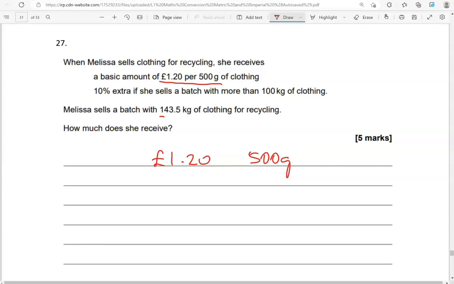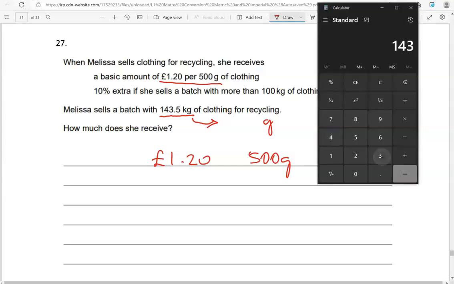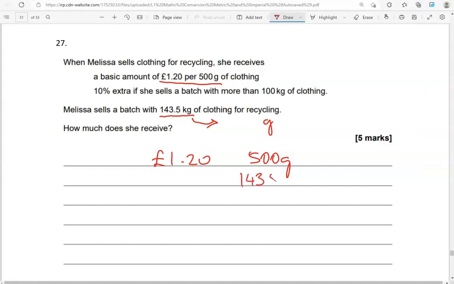What about 143.5 kilograms? But first we need to convert that into grams. We know that in 1 kilogram there are 1,000 grams, so we're going to multiply this by 1,000. So 143.5 times 1,000 gives us 143,500 grams.